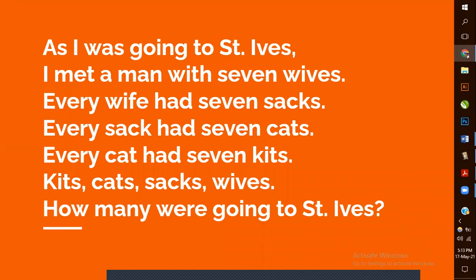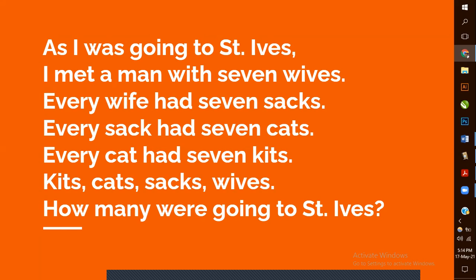Looking at this question, we could either try to solve it mathematically, saying this man has 7 wives, each wife had 7 sacks, each sack had 7 cats, and each cat had 7 kids. Or we could try to solve this using literature, by analyzing the question: how many were going to St. Ives?